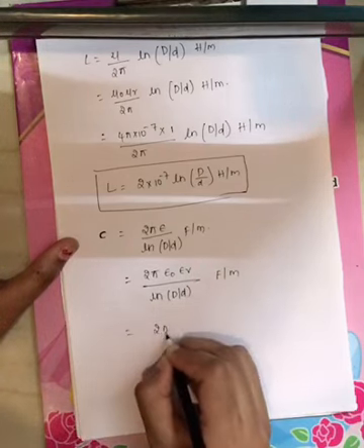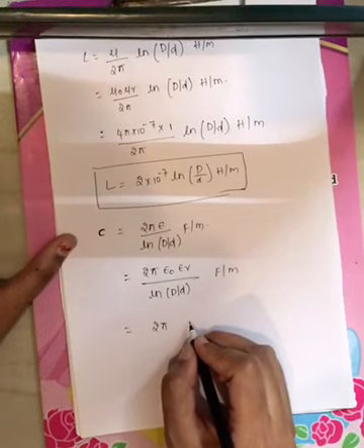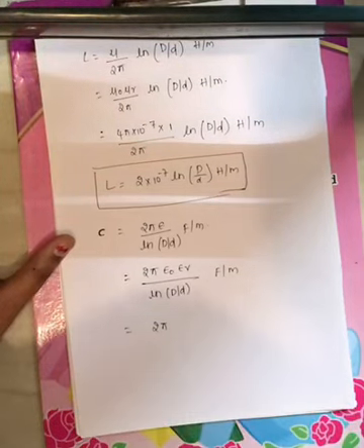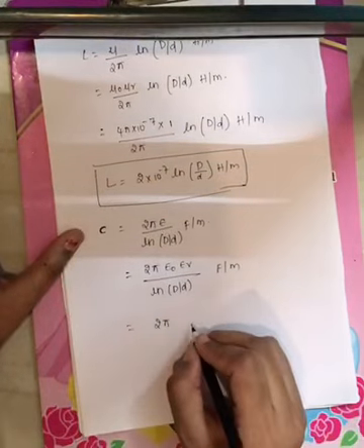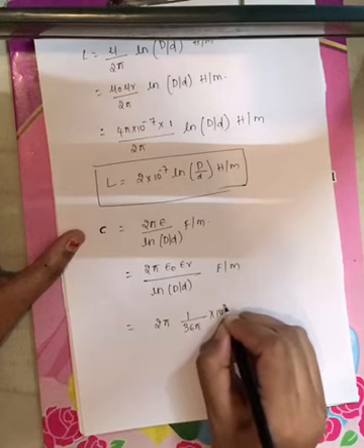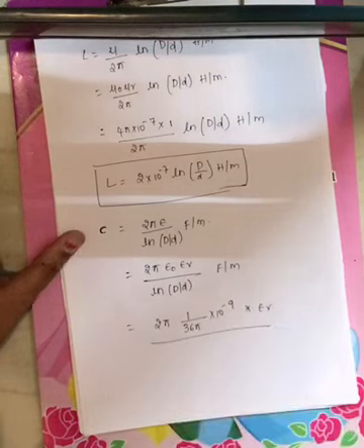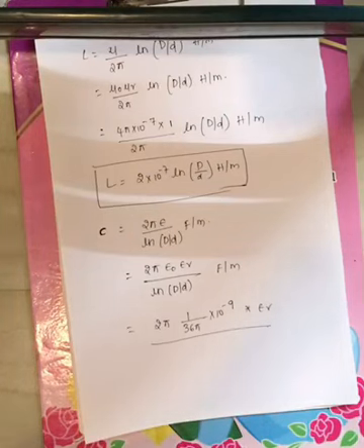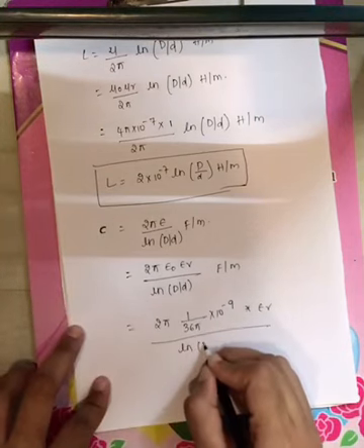Now 2 pi into epsilon, sorry, this is epsilon naught, which is given by 1 by 36 pi into 10 power minus 9 into epsilon r. 1 by 36 pi into 10 power minus 9 is the value of epsilon naught; previously by mistake I represented it differently. Divided by ln of D by d.